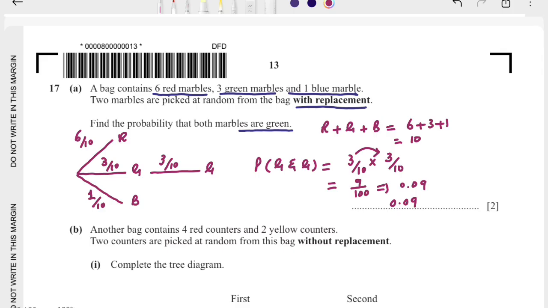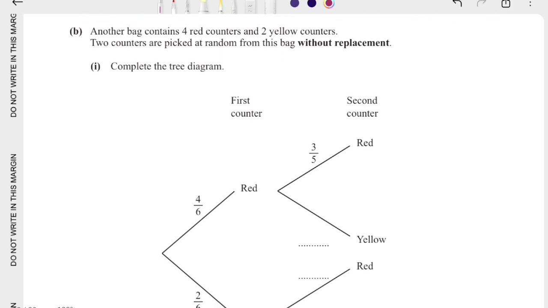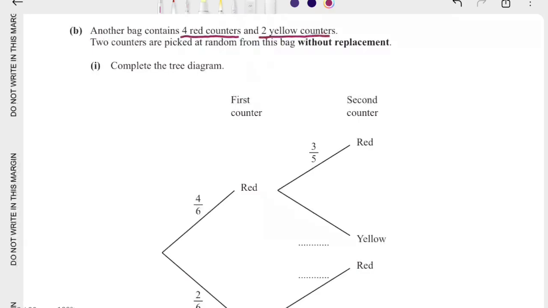Now part B. Another bag contains 4 red counters and 2 yellow counters. 2 counters are picked at random from the bag without replacement. Complete the tree diagram.